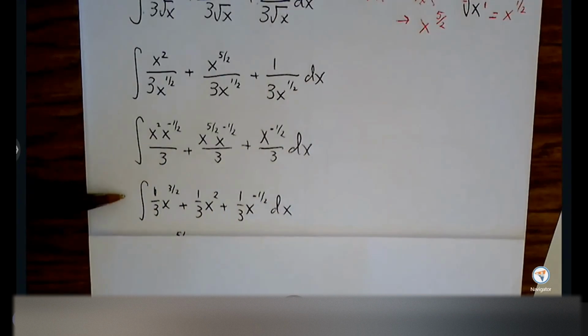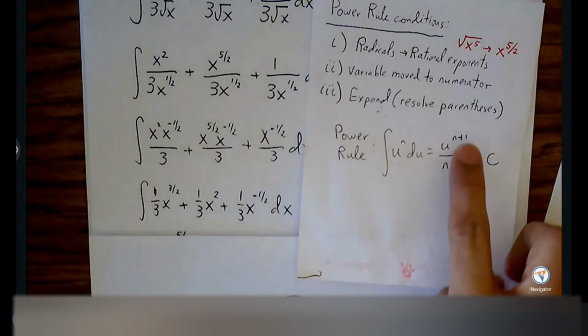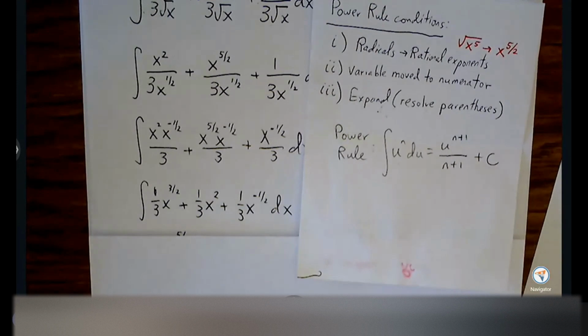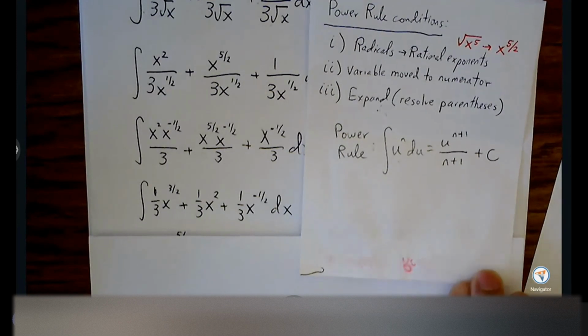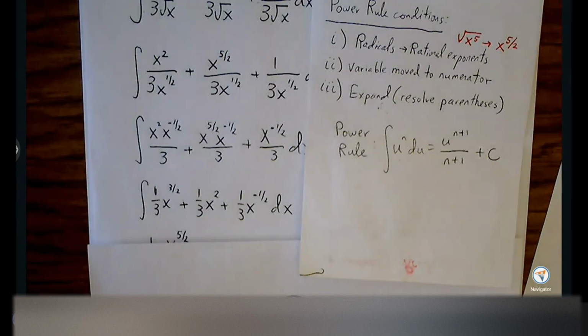Okay, so this is where we need to be before we apply power rule. It needs to be cleaned up to this point with no radicals, with no variable in the denominator, with no parentheses. And now we can apply power rule. Now we can add 1 to the exponent, and divide by that new exponent value. As soon as you apply power rule, make sure that your integral and your dx notation drops out.